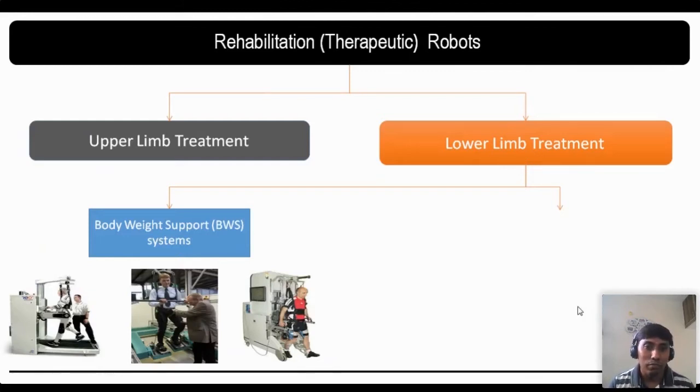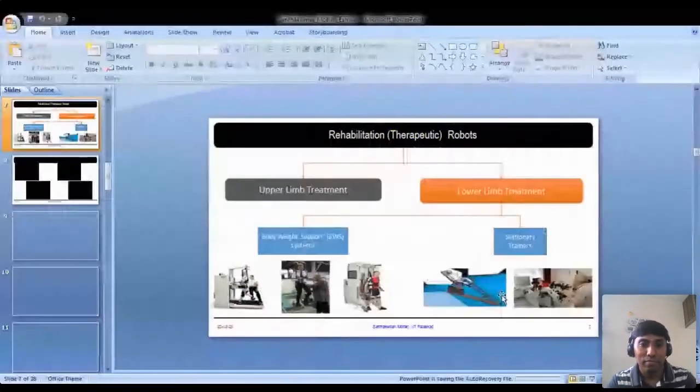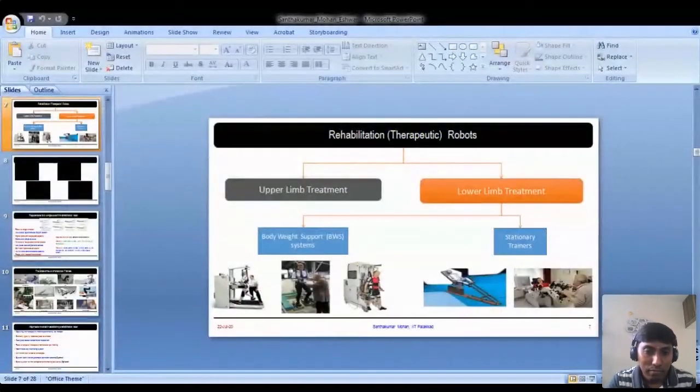Dr. Mohan, audio, look for audio. Sir, audio is not working, sir. PowerPoint is visible, PowerPoint is okay, only your audio.